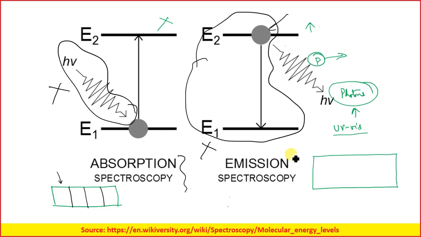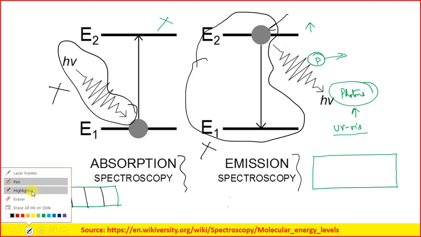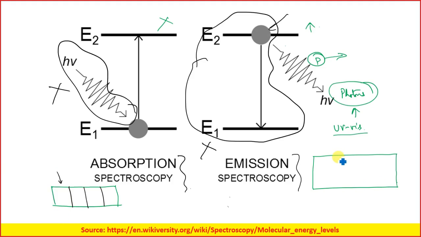On the contrary, in emission spectroscopy, you will be having a darker region, and within the darker region you will be having some bright lines. These are also lines of patterns, but in absorption spectroscopy we have darker lines over a brighter region, whereas in emission spectroscopy we have brighter lines over a darker region. Are you getting my point? Am I clear?